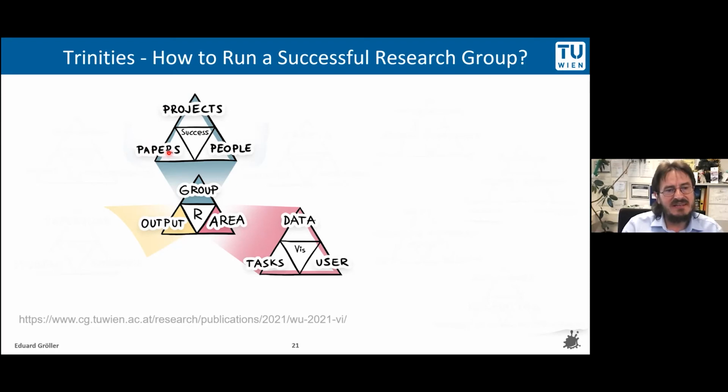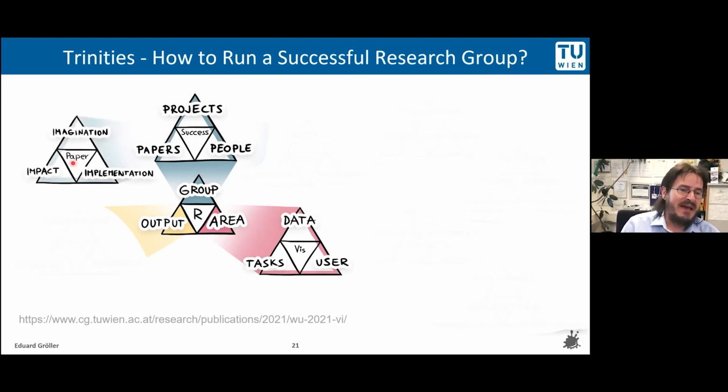So this is the triple P triangle. And the success is defined: you need to have papers, people, and projects. If you start with people, and you manage that they do projects, then papers will come. If you have papers, you are well known and people want to work with you, and so on. So this is this corner.